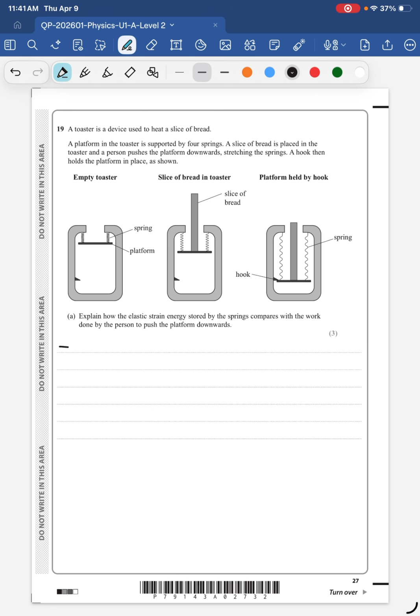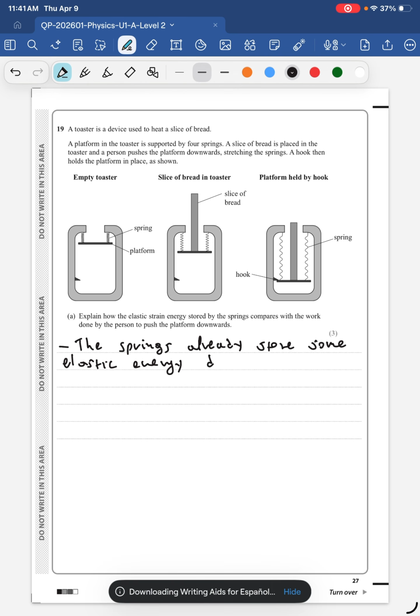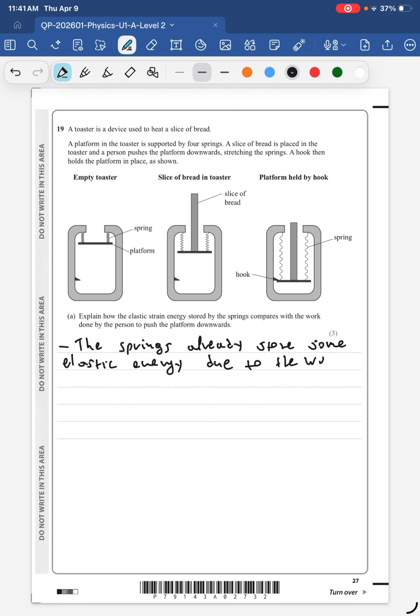So first of all, the springs already store some elastic energy due to the weight of the toast.